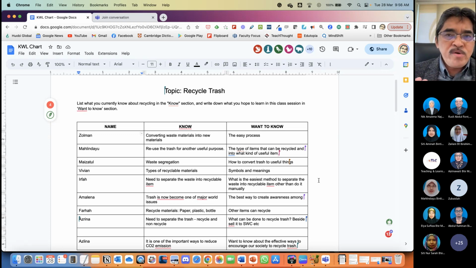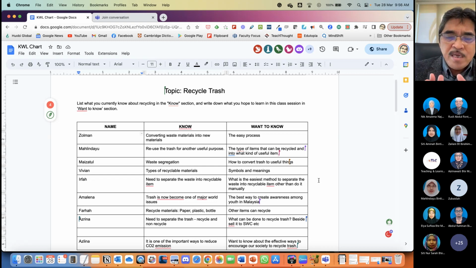Why don't they want to put their own name? Because they don't have self-confidence. They have also kind of an inferiority complex. They don't trust their own knowledge. They don't trust diri sendiri.